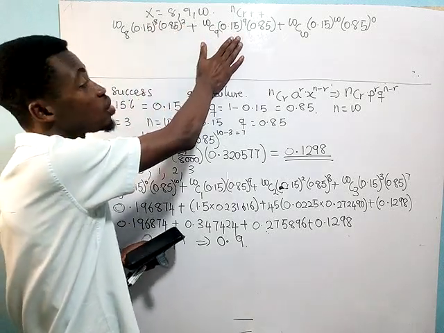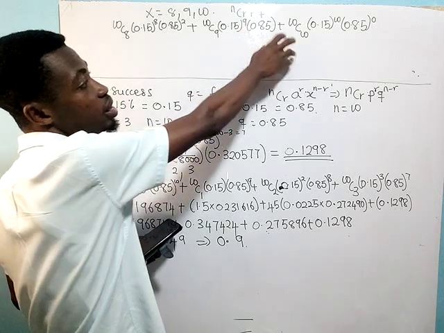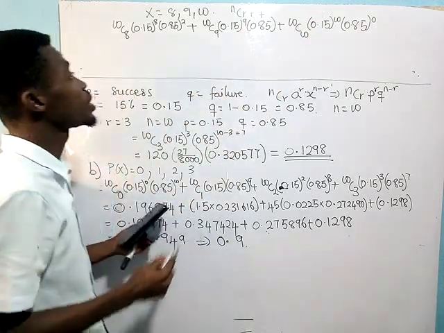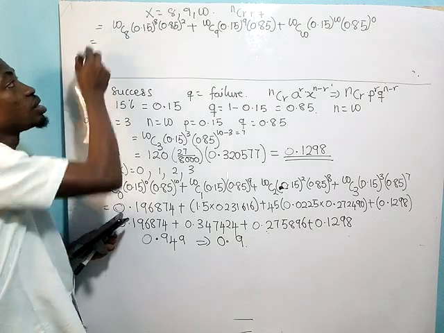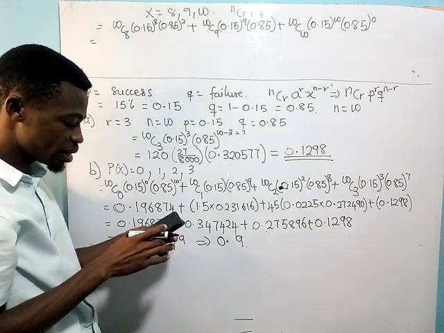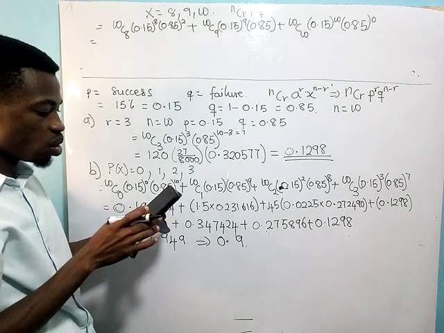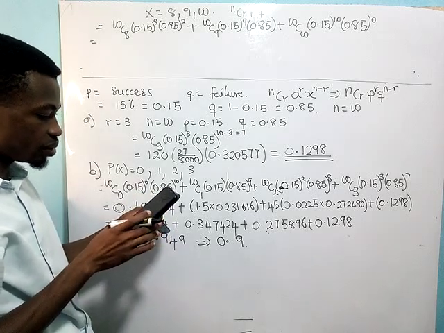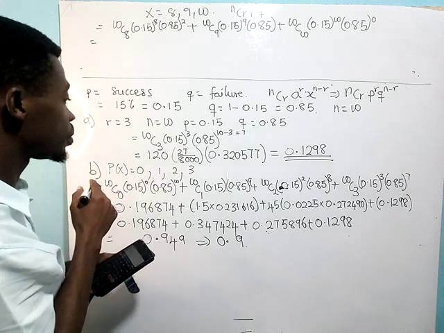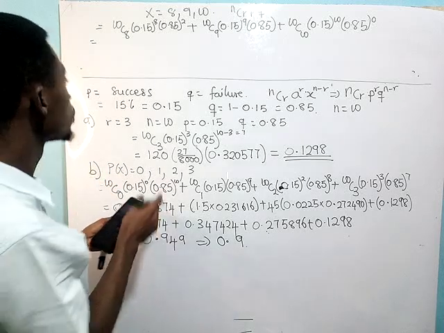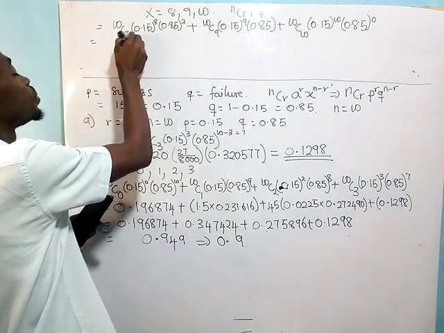Then 10 combination 9, and we followed suit. Now let's do our calculation: 10 combination 8 is 45.